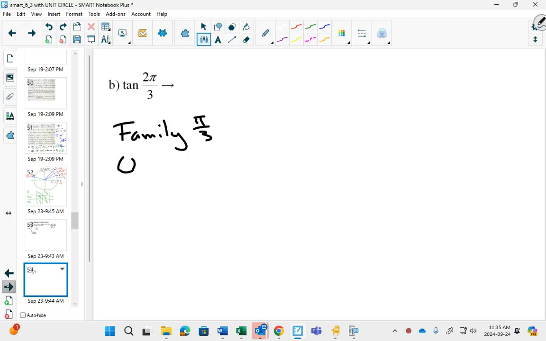I see the quadrant, quadrant 2. So if I'm figuring out tan of 2 pi over 3, I use my strategy: pi over 3 is just going to be root 3. And then in quadrant 2, according to my CAST rule, tan should be negative. So now we can figure out all of these mental math practice questions from our pi.